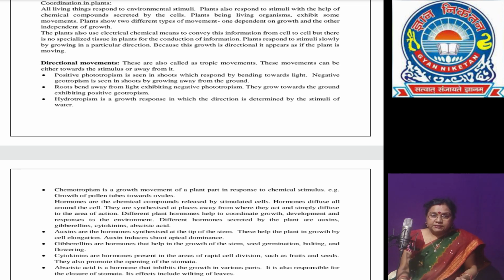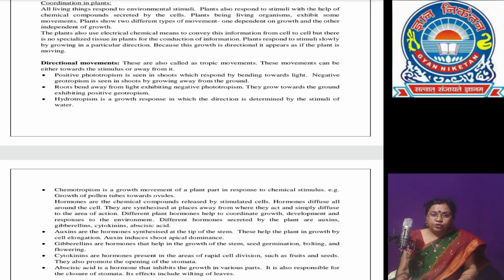Now let us discuss the functions of these hormones. Auxins promote cell enlargement, cell differentiation, growth of root, stem, leaves, flowering, and tropic movement in plants. It also helps in fruit growth and nastic movement.